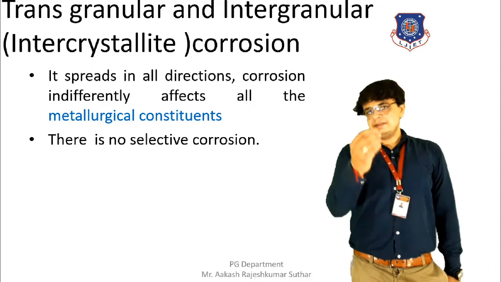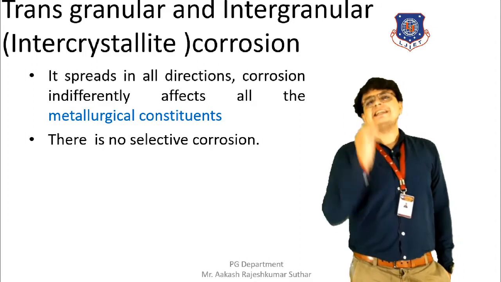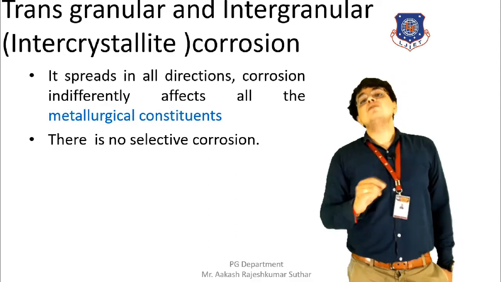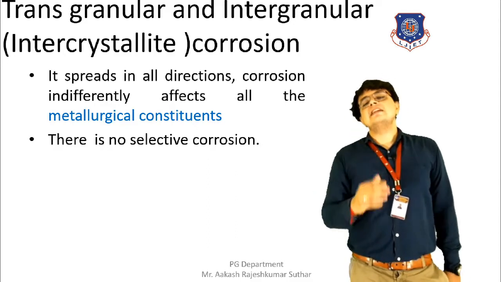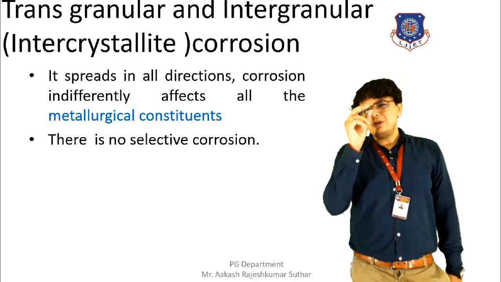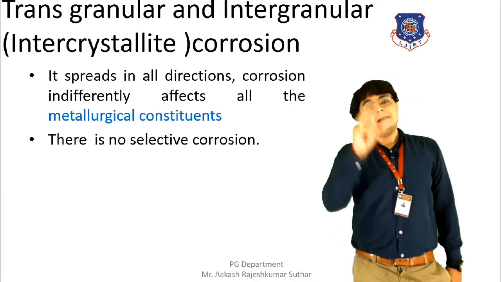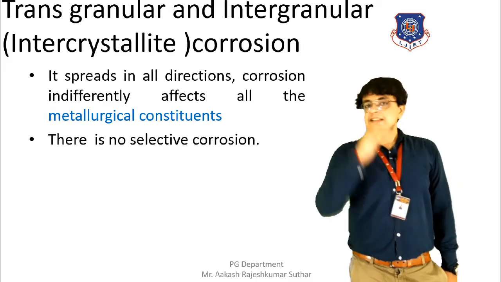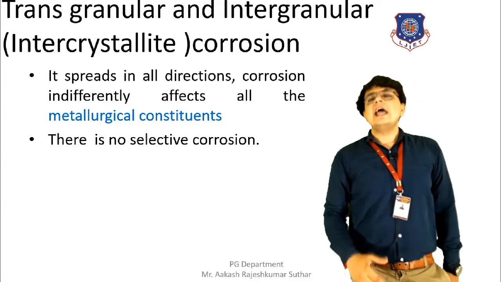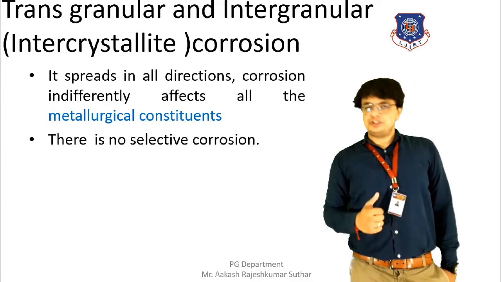And as each and every small granule is affected by this corrosion, this type of corrosion is termed as the transgranular or the intergranular corrosion, because even small granules are also getting corroded by the effect of this kind of corrosion.